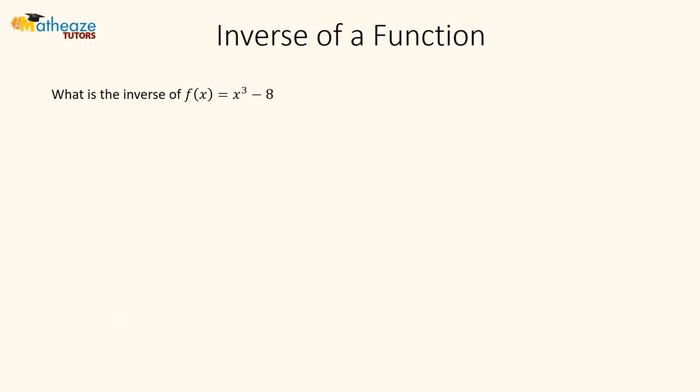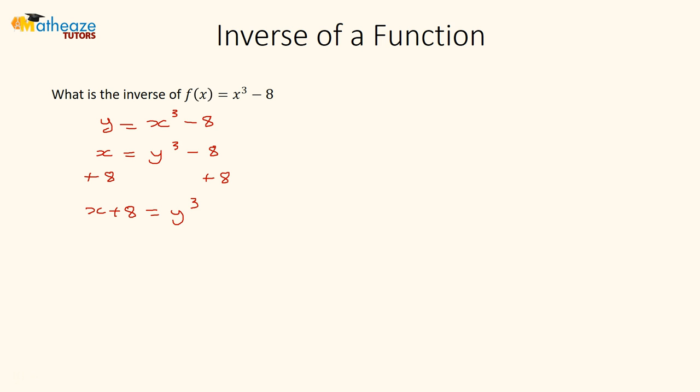Okay, for this one, y is equal to x cubed minus 8. We swap the x and y. x equal to y cubed minus 8. And so we're going to solve for y. We add 8 over here because we need to add 8 over here. So x plus 8 is equal to y cubed.